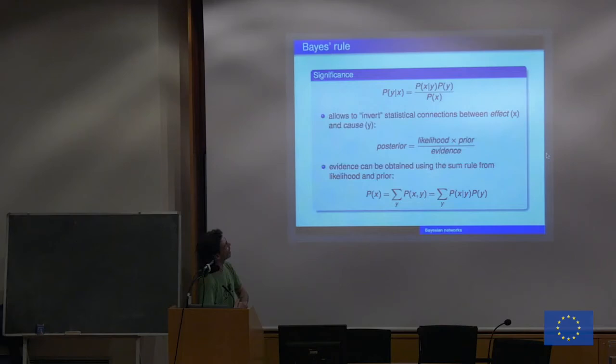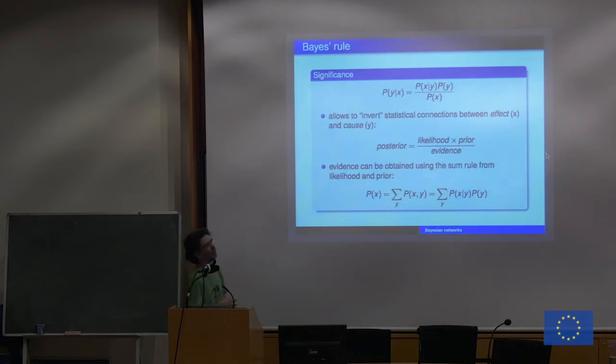And this operation allows you to derive what we are usually interested in, which is the posterior, the probability of the cause given the effect. If you think of diagnosis, what you're interested in is the probability of a certain disease, a certain pathology, given the symptoms. But you usually see the symptoms, not the pathology, right? And Bayes' theorem allows you to do this inversion.